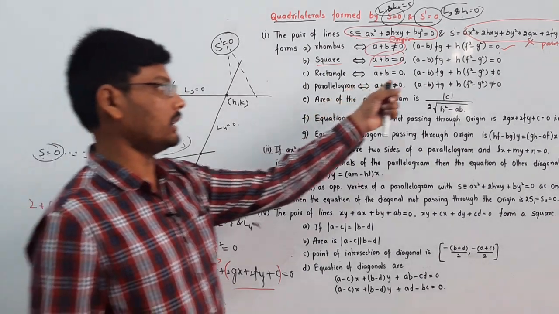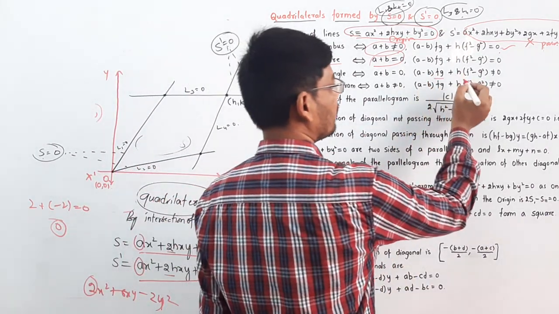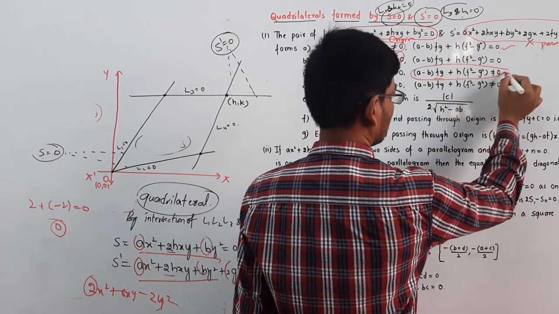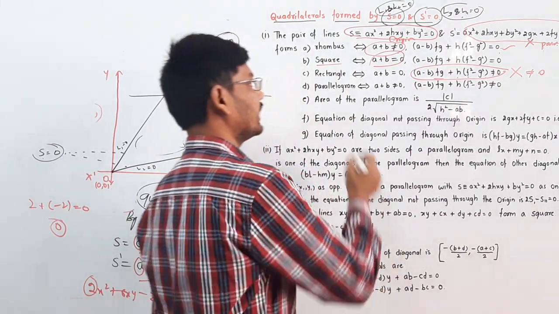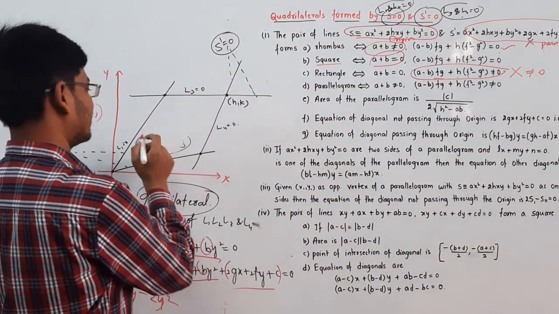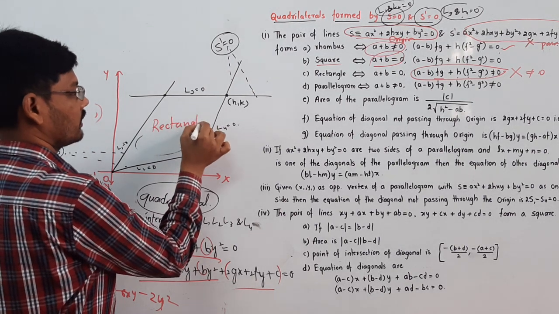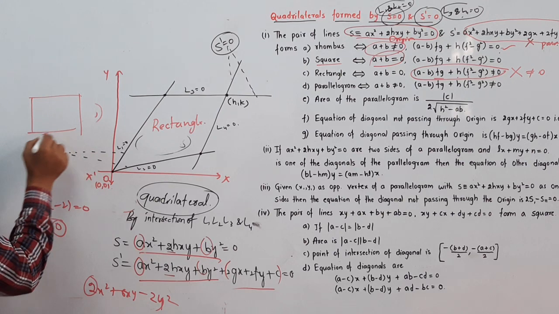So when a plus b is equal to 0, if the condition (a minus b)fg plus h(f square minus g square) is not equal to 0, then the figure is rectangle. Then the figure frames a rectangle here, like this.